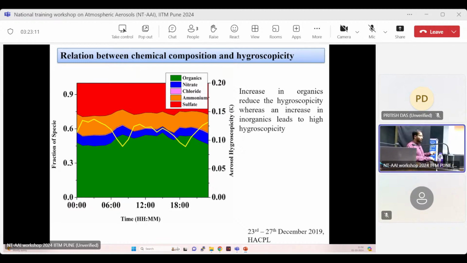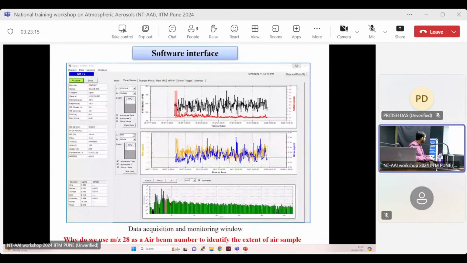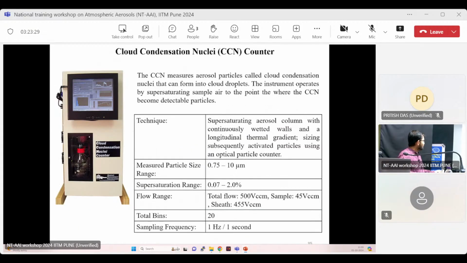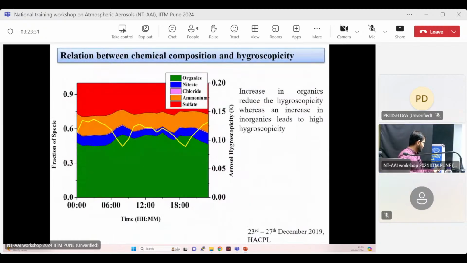If you remember that earlier slide, I can show here, for different inorganic compounds the kappa is very high as compared to organics, where it's just 0.1. So whenever you have higher inorganics, you will tend to see higher kappa.